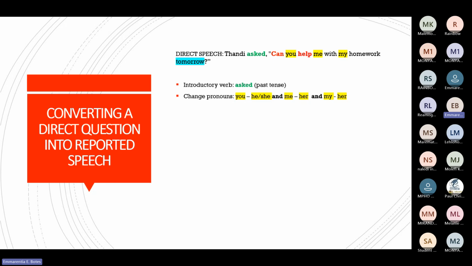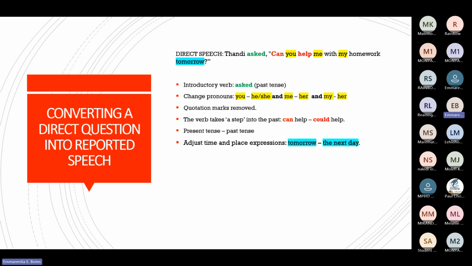But me, Tandy, we know it's a girl, so it will change to her. And my, the same. It's Tandy, it's a girl, and that is why it will be her. The quotation marks will be removed as well as the question mark. And the verb takes a step into the past, so can help will become could help. Present tense to past tense.